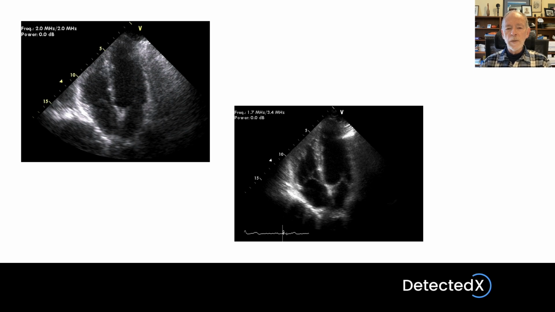And echocardiographers have found that harmonic imaging improves the clarity of cardiac images so much that they have come to use it as their standard imaging mode. As I said, this will have a lower frame rate than standard imaging, and clearly that's an acceptable price to pay for the clarity that is so significantly improved.